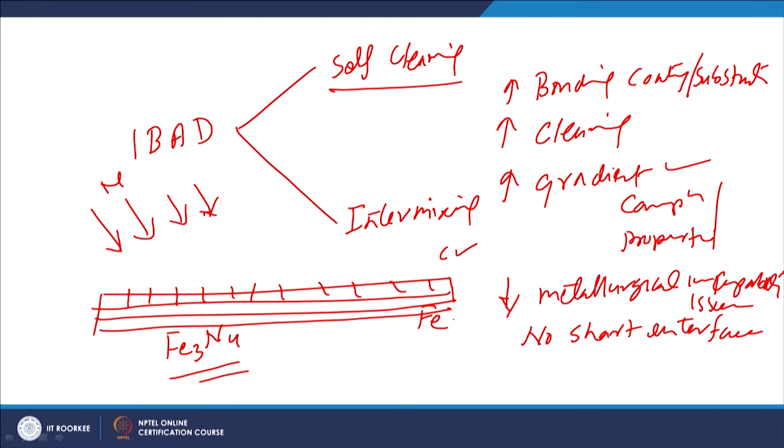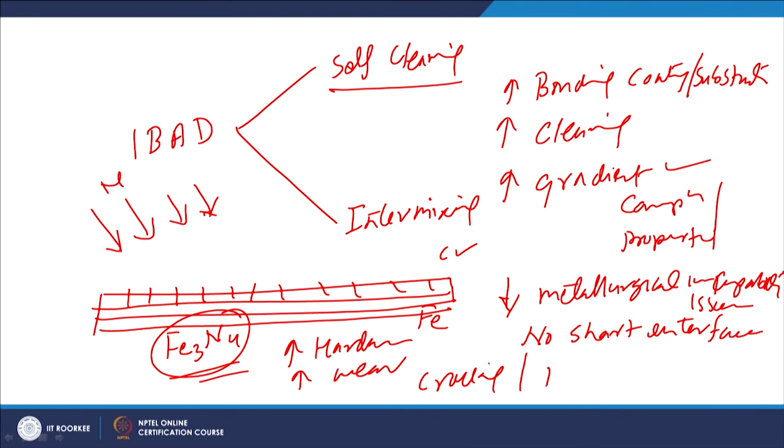So, this continuous gradient will lead to extremely good improvement in terms of hardness and wear resistance. And when the gradient is good and mixing is good, despite forming Fe3N4, the cracking tendency and the brittleness tendency are reduced when ion beam assisted deposition is used.